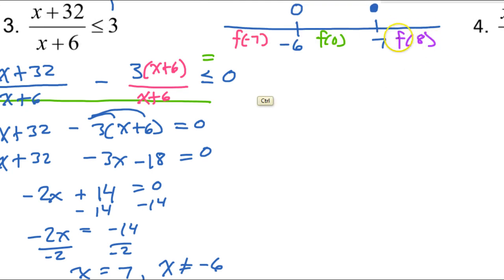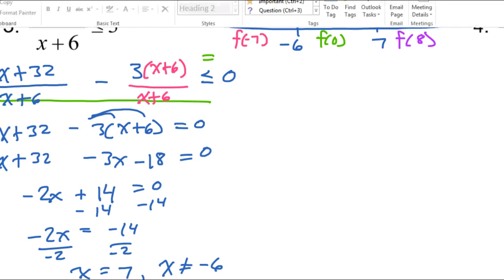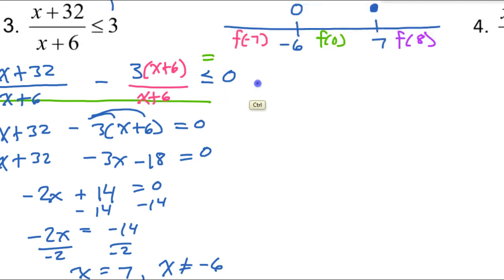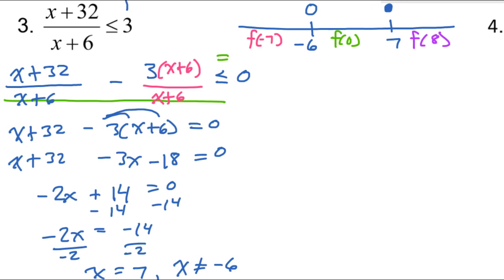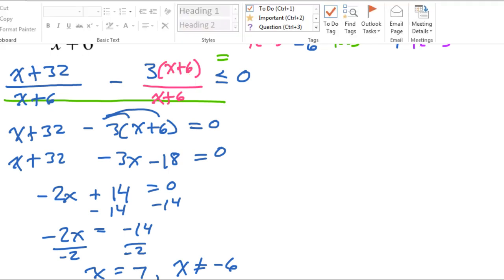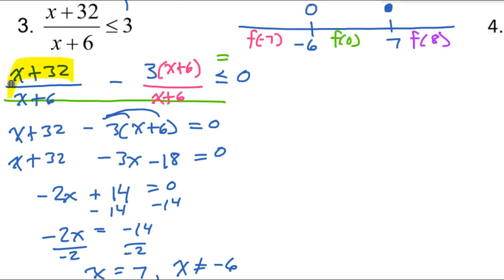F at 8. Okay. So I'm going to check f at negative 7. I am going to use this version of the problem, without the red part. All right, this is the version I'm looking at.